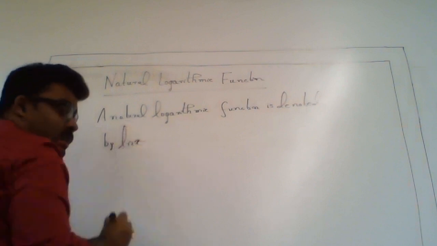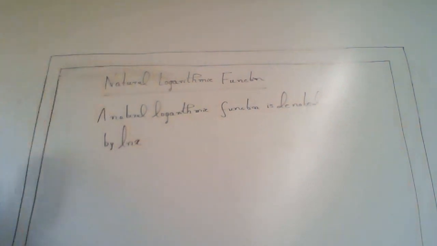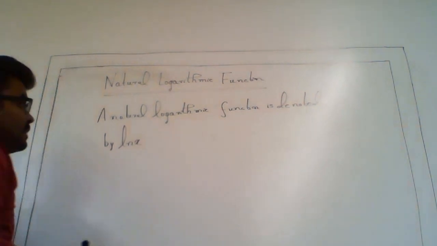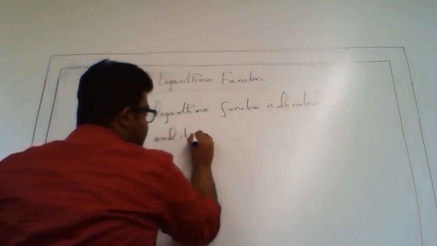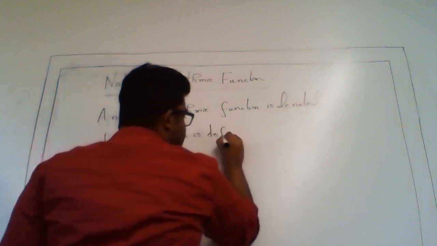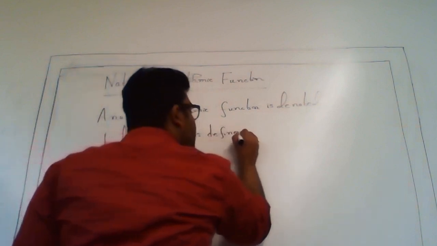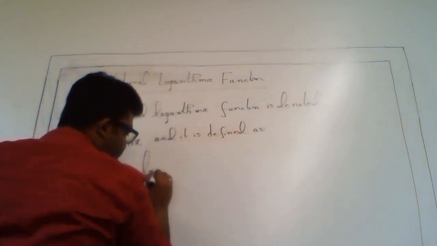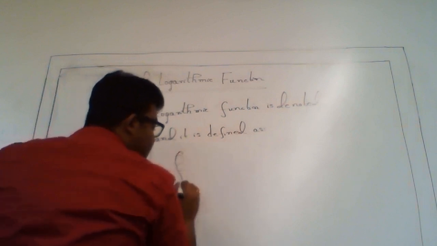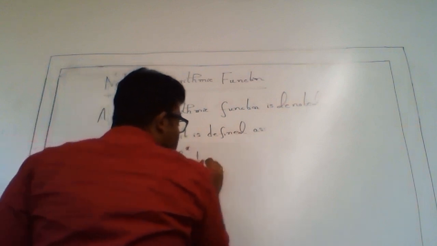So we use this symbol to denote the natural logarithmic function ln x, and it is defined as ln x equal to the integral from 1 to x of 1 by t dt.